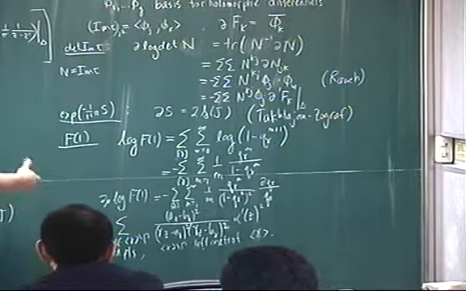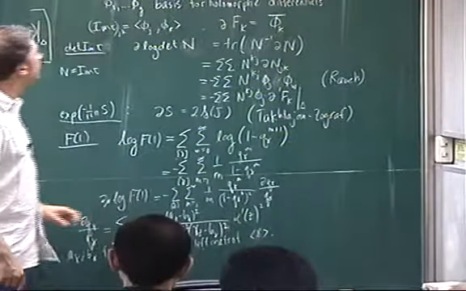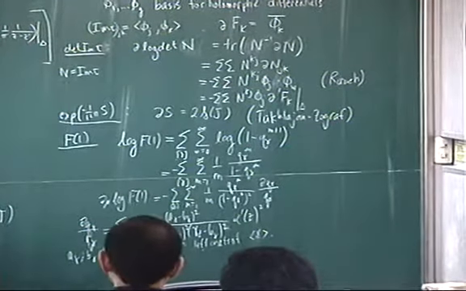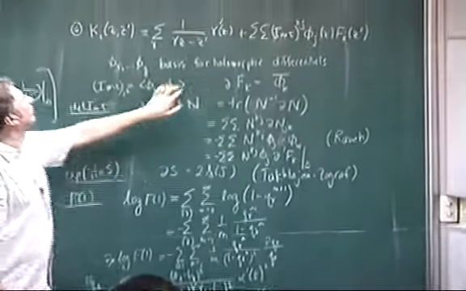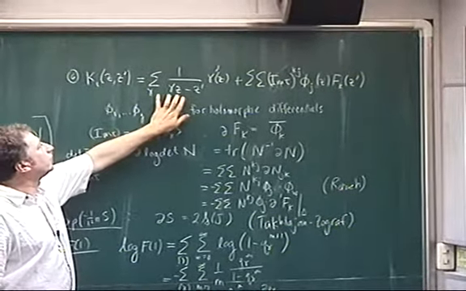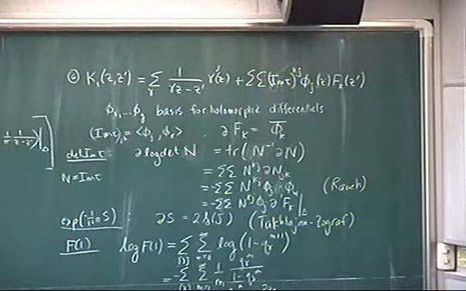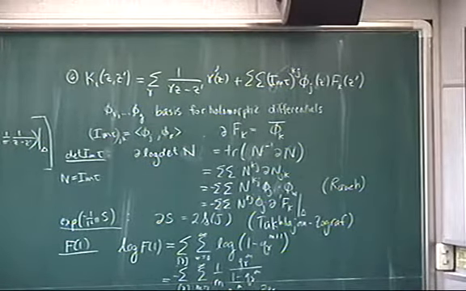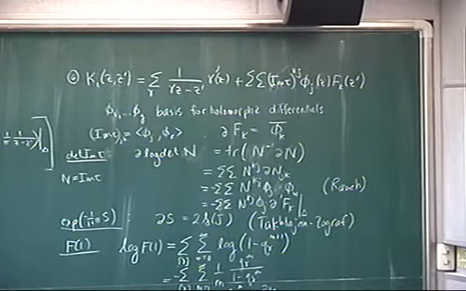And when you do that series manipulation, you end up getting exactly this series, the first part of the series for the Green's function.